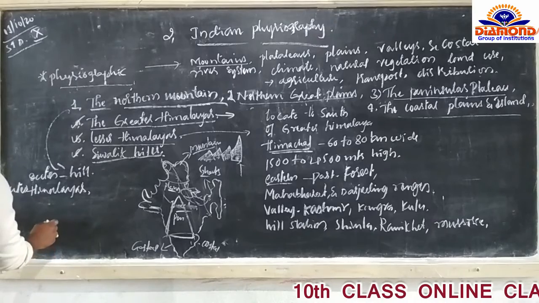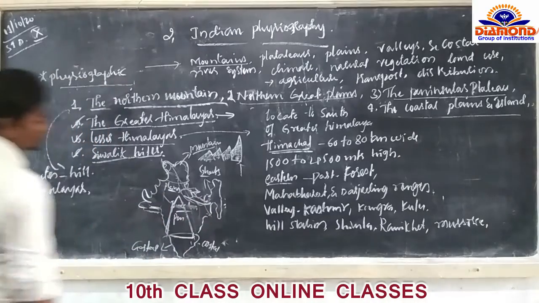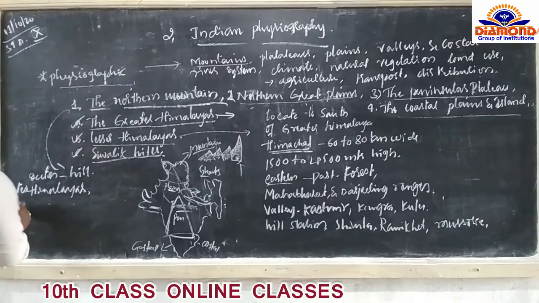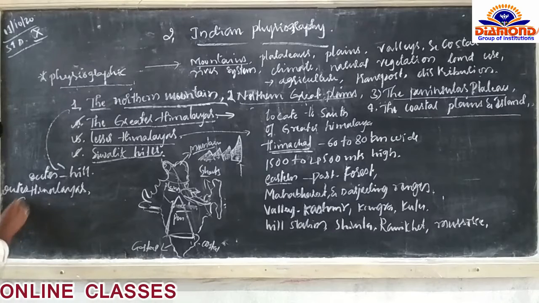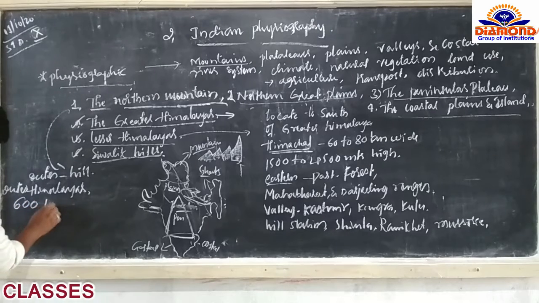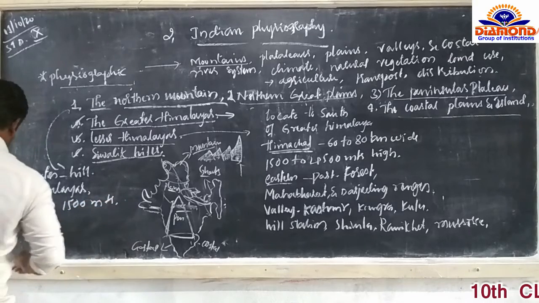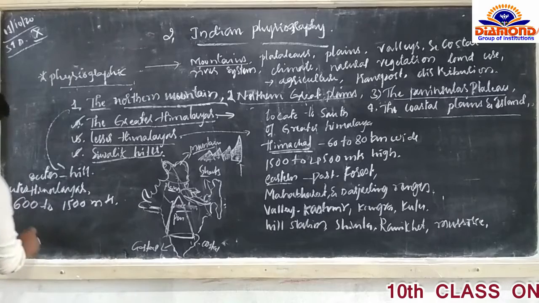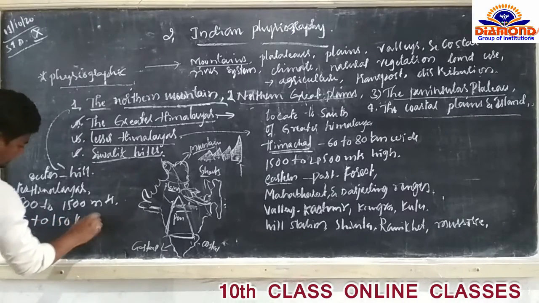They are the lowest range. They come in the very low range. It is believed that the outer Himalaya ranges between 600 to 1500 meters, varying 15 to 150 kilometers.